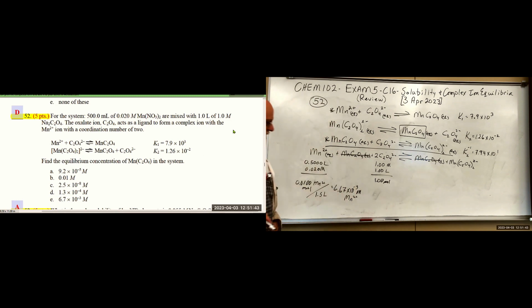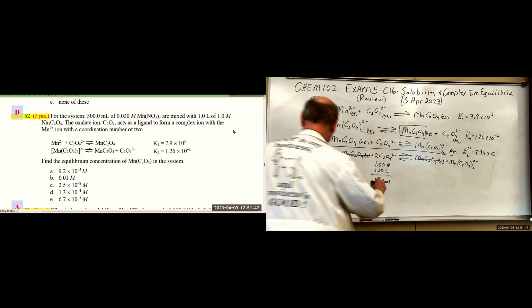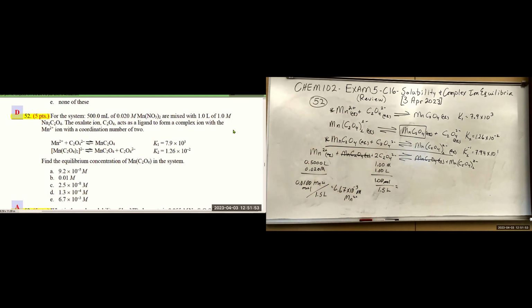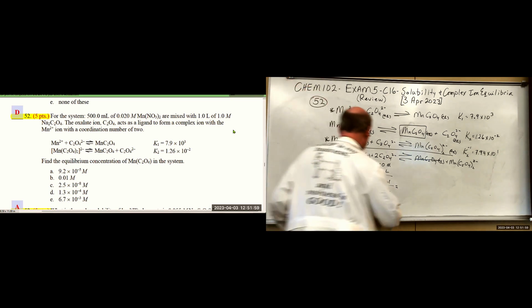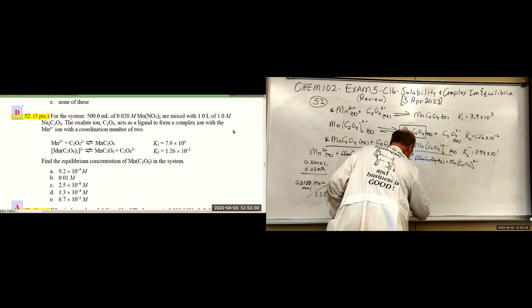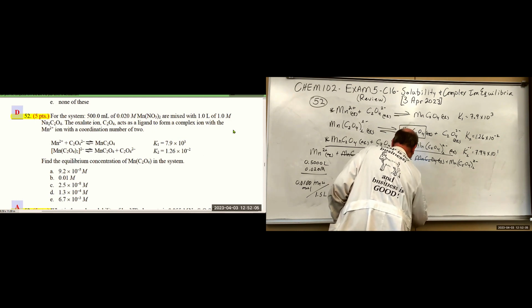How about oxalate? Well, 1 divided by 1.5 liters, so its concentration is going to be 6.67 times 10 to the minus 1 molar in oxalate.